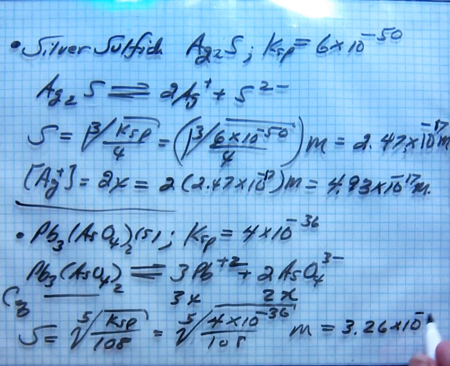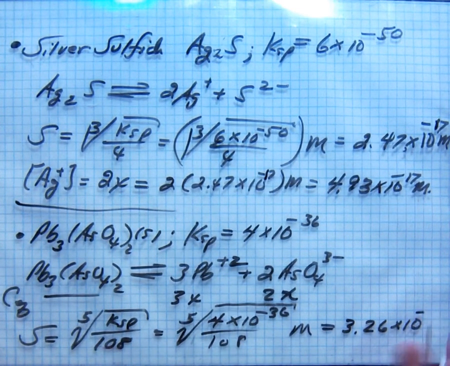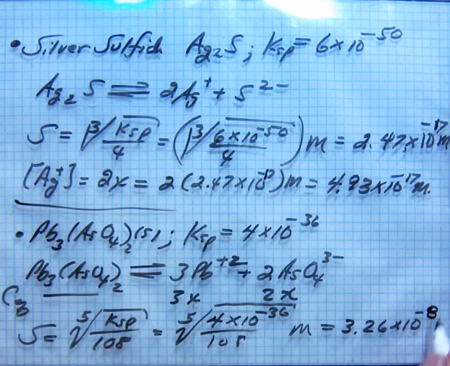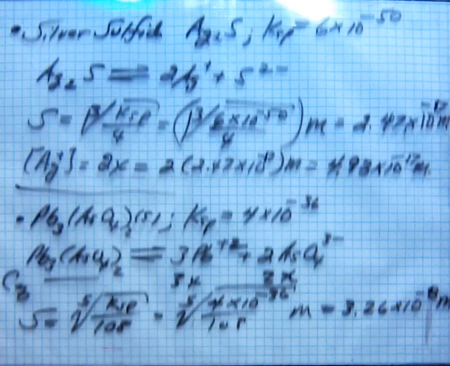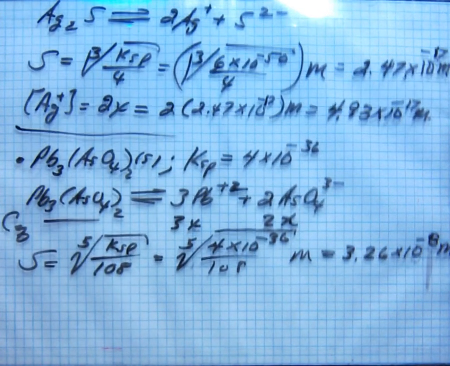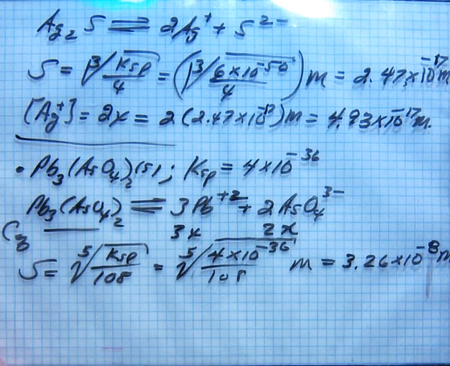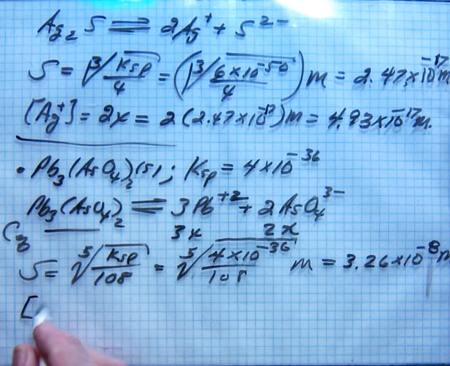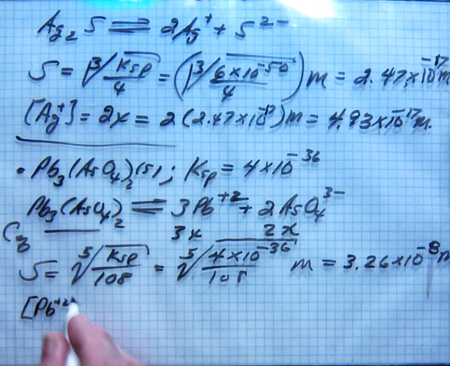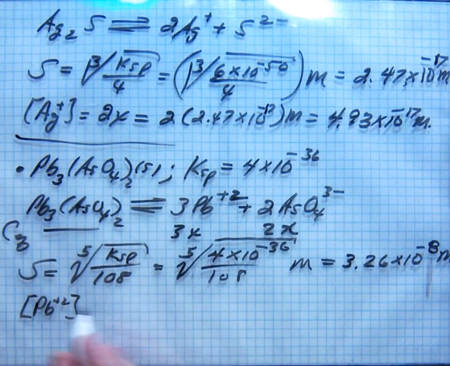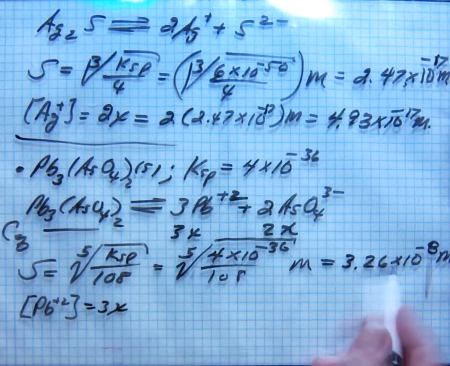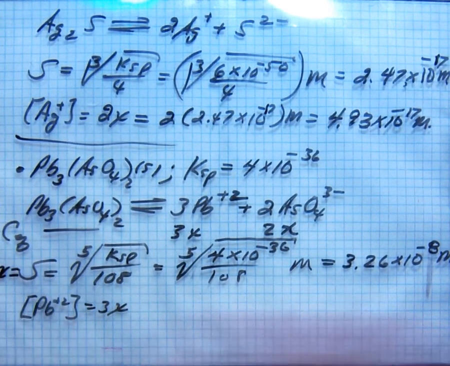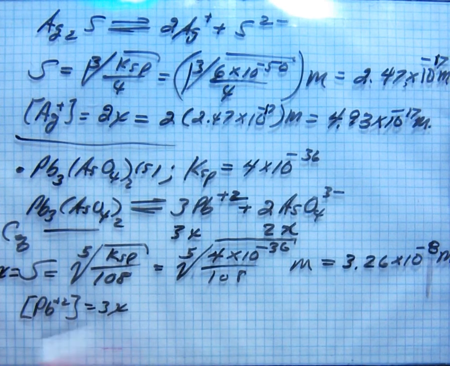To the minus 8 molars, what I show here. So getting the ion concentrations, the lead plus 2 from the equilibrium row is 3x. This is X solubility, and the arsenate is a 2x.